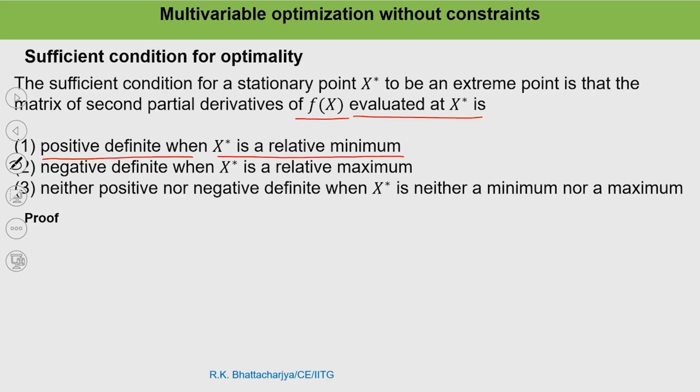Then x star is a relative minima. If it is negative definite, then x star is a relative maxima.